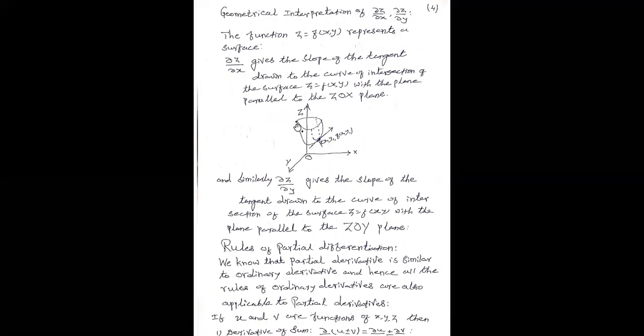You have a surface like this, represented by z = f(x, y). Then ∂z/∂x gives the slope of the tangent drawn to the curve of intersection of the surface z = f(x, y) with the plane parallel to the zox plane. If you see this, this is the dotted line. This is a parallel plane that is drawn parallel to the zox plane.